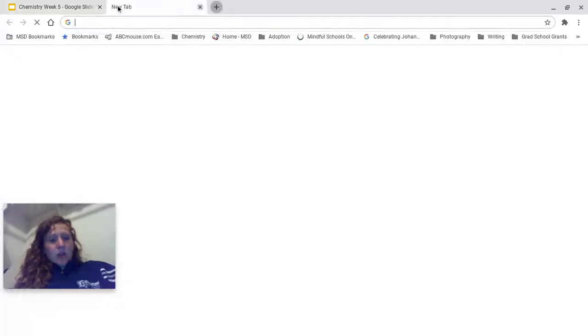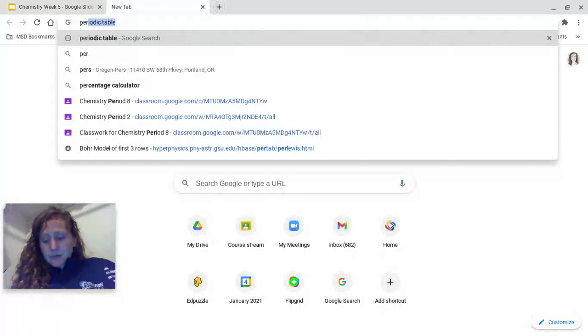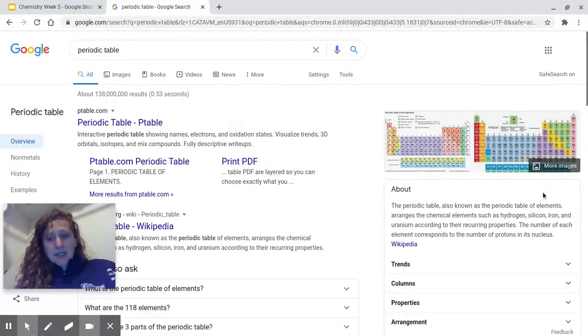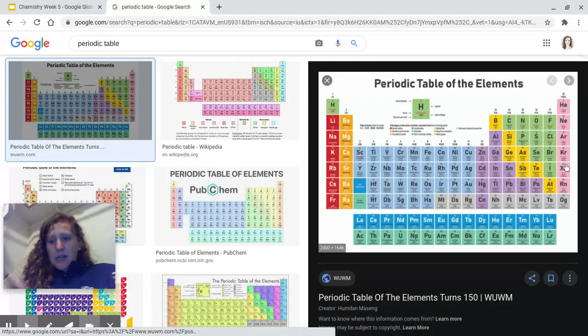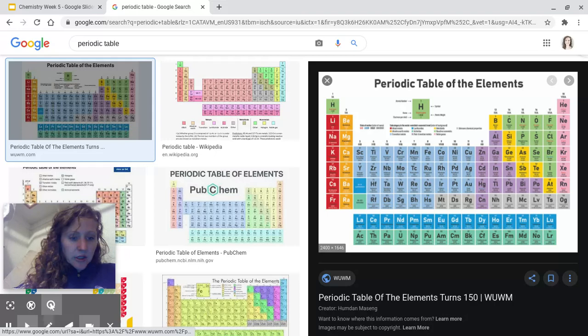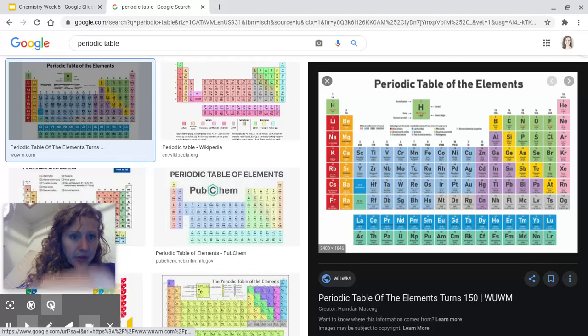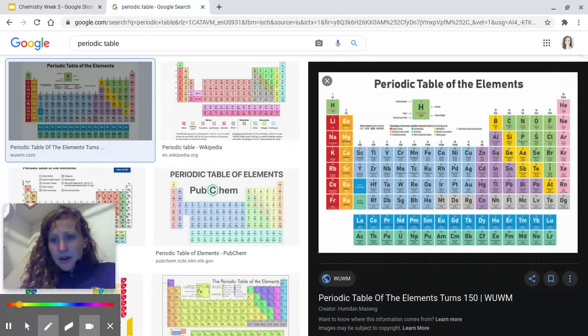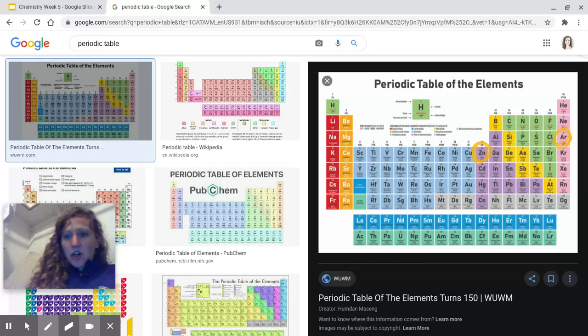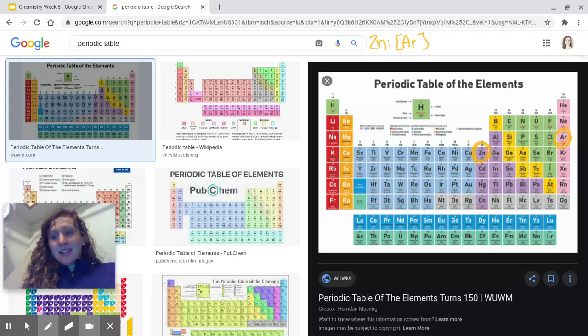Let's go look at a real periodic table and figure out what that noble gas is. Okay, here we go. So I'm trying to get to zinc. All right, zinc is here. So I'm going to go to the last noble gas, which is argon. So for zinc's electron configuration, I'm going to put argon in brackets and then just start counting.